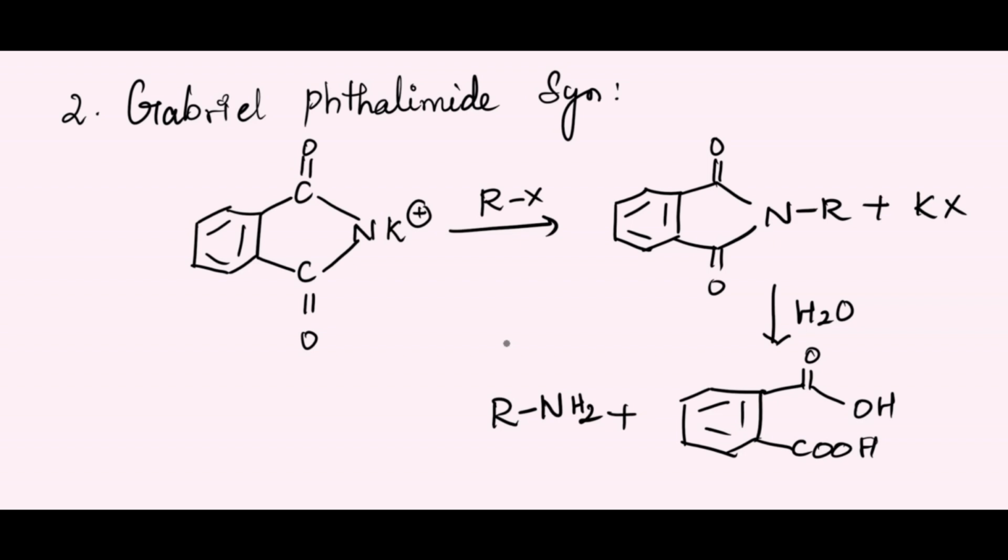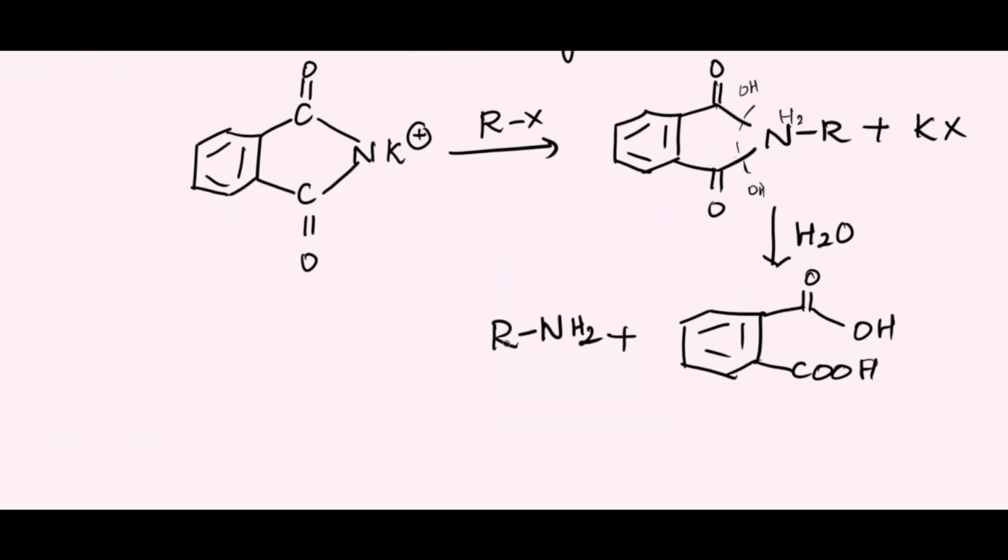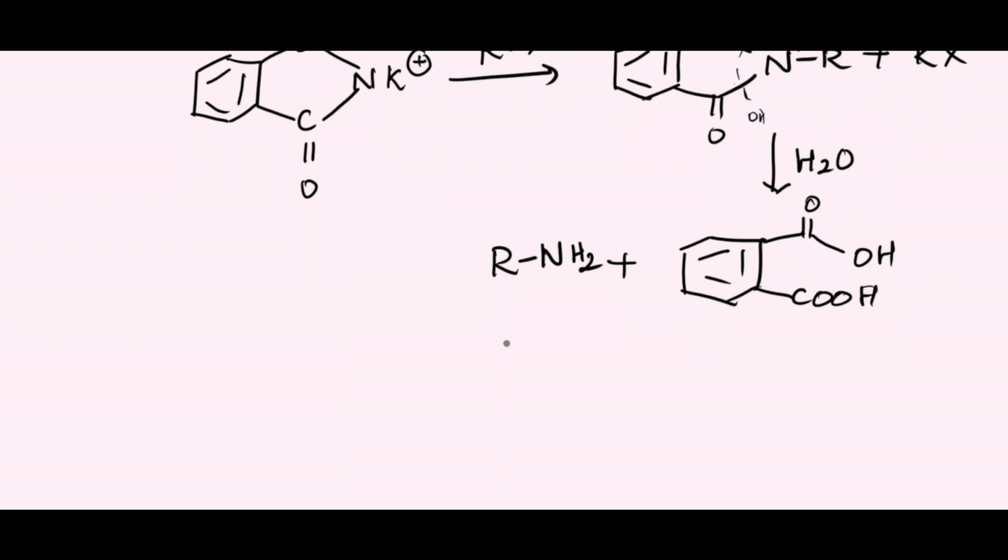You can remember it like this: H2 goes here, further two H's go here, and then OH, you can just add to the reaction. This synthesis is usually for primary amines. Aromatic amines can't be synthesized using this method. This is not for aromatic amines.